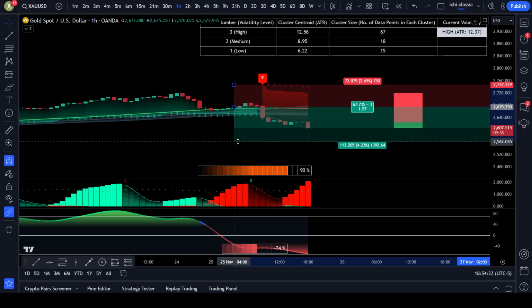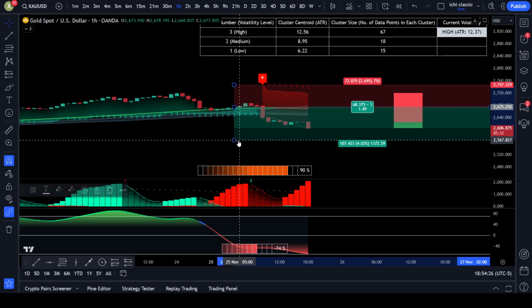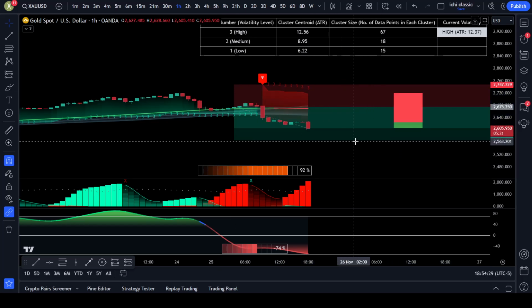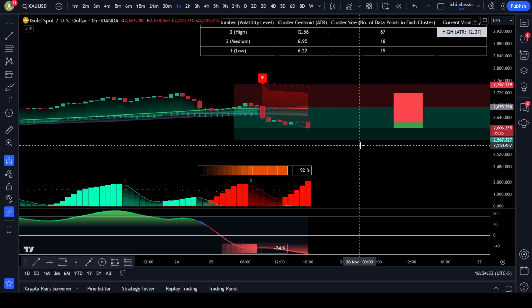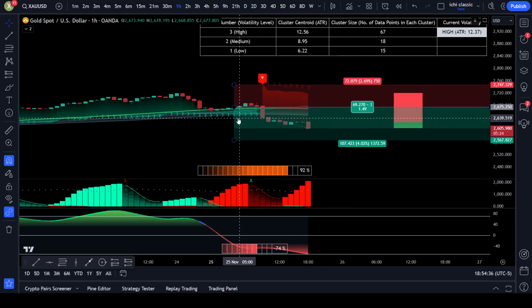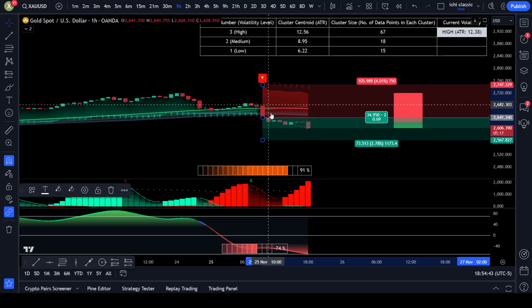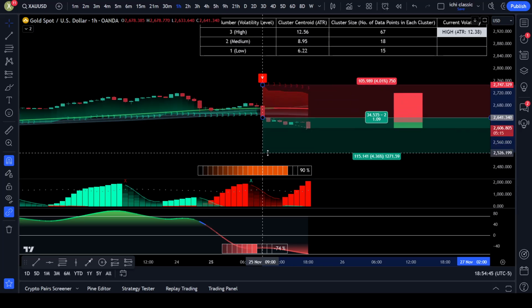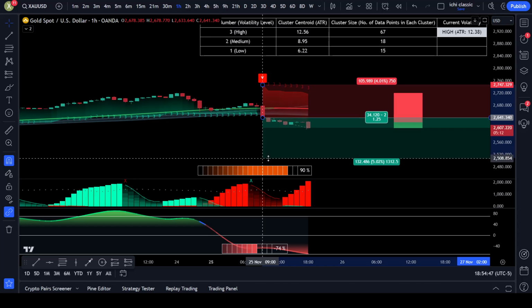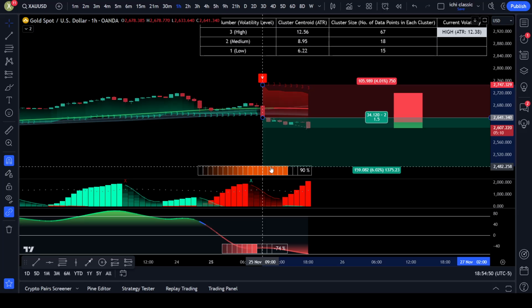Which is 5, 0, somewhere here. Okay, so we are looking at 2,560, and this is on 1 hour. So based on this signal, if we were to sell at this level, then it shows that it can go to 2,400. So it is all about the 2,500 level.